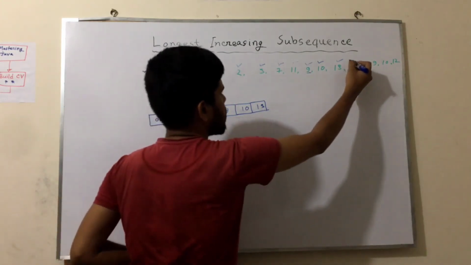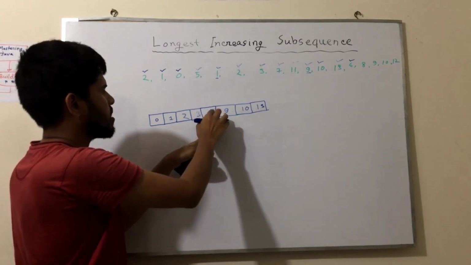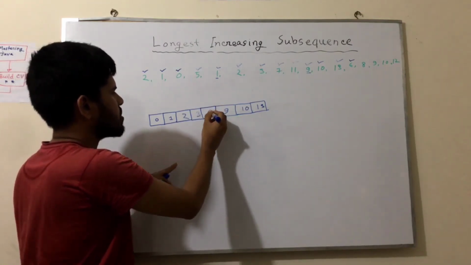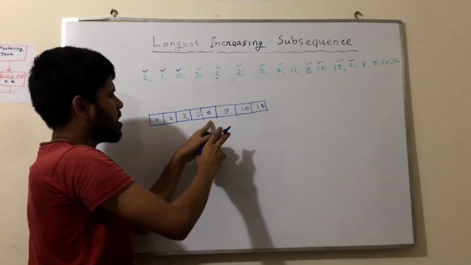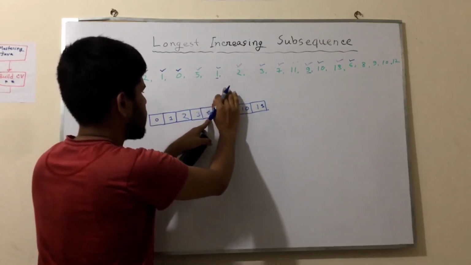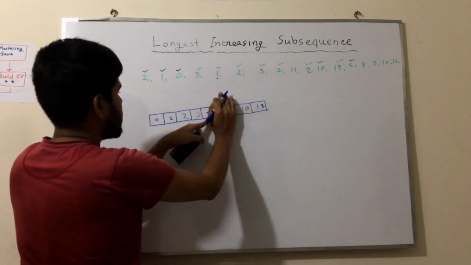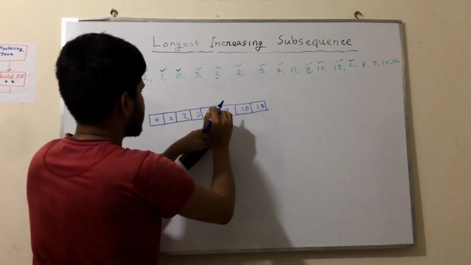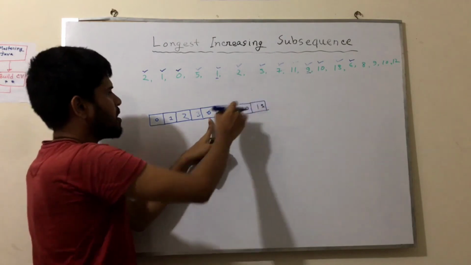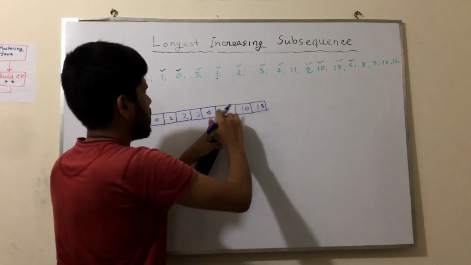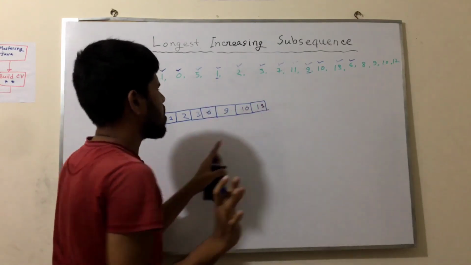Now we have 6. We have to update the immediate next of 6, so this 7 with 6. We're updating this because at this point, including this 6 on the left, all the elements maintain the relative order, and if we update the value 7 with 6, then it's no problem.